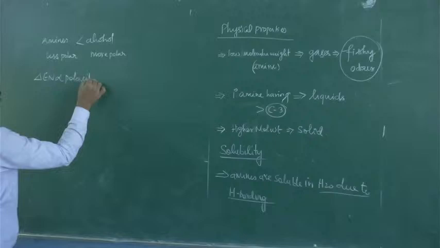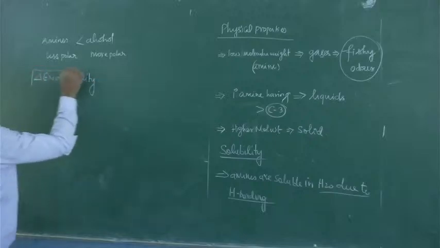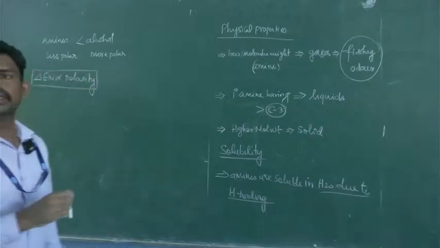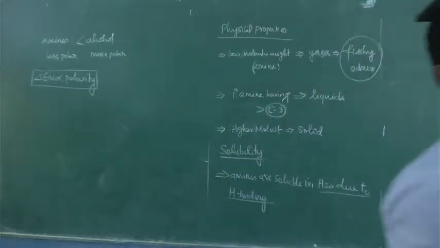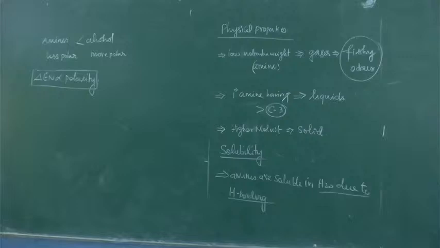As electronegativity difference increases, polarity increases, and as polarity increases, solubility increases. So for the same molecular weight of alcohol and amines, alcohol will be more soluble in water when compared to amines, because alcohol is more polar, because the electronegativity difference is more in the case of alcohol when compared to amines. Is it clear?